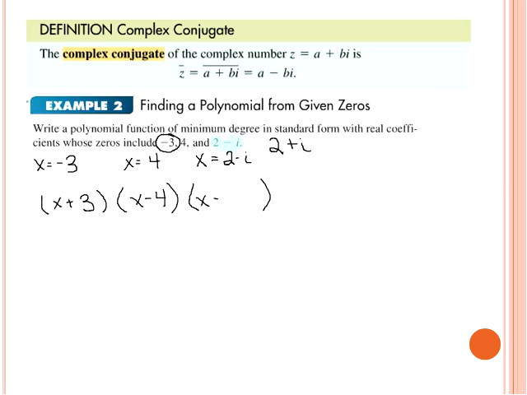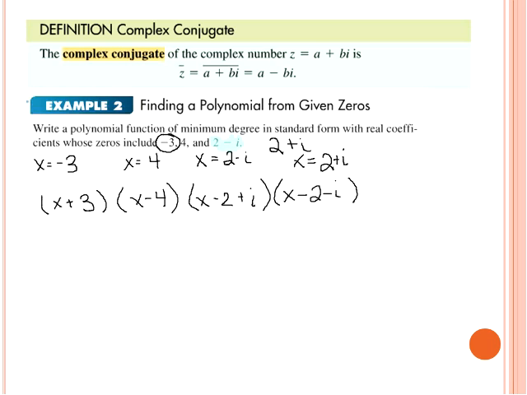So it'll be a -2, but then you have to add the i. Yep. And then with the last one, x equals 2 plus i, how would I move that over to get my factor? What would my factor look like there? Yep, x minus 2 minus i.